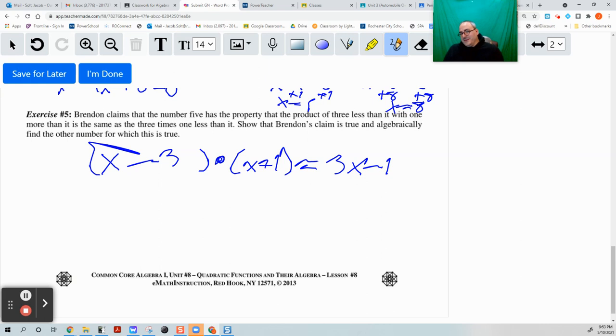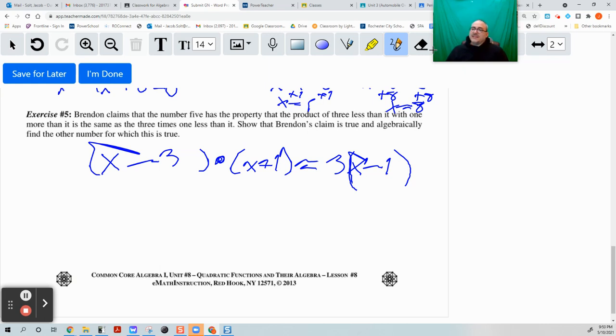I think Brendan's wrong, but maybe I am reading something wrong. Let me look at it one more time. The number 5 has the property that the product of 3 less than it, multiplied with 1 more than it, is the same as 3 times, maybe that's what I'm missing. 3 times 1 less than it.